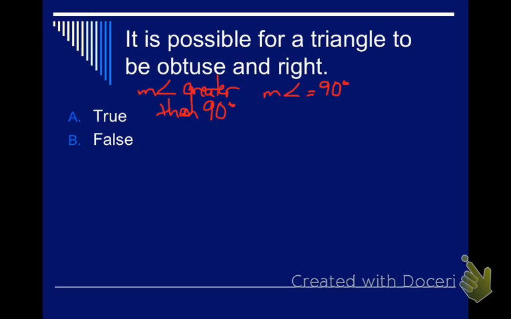In a triangle, all three angles add up to 180 degrees. If one angle is greater than 90 and one angle is 90, you've already added two of the angles up to be greater than 180. Therefore, it's impossible to have an obtuse and a right triangle.